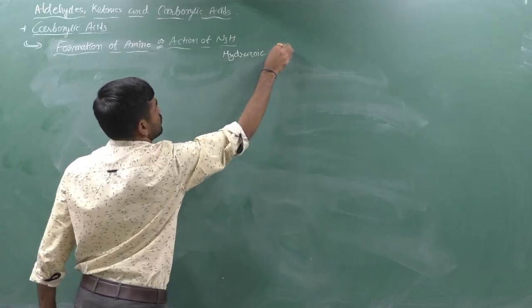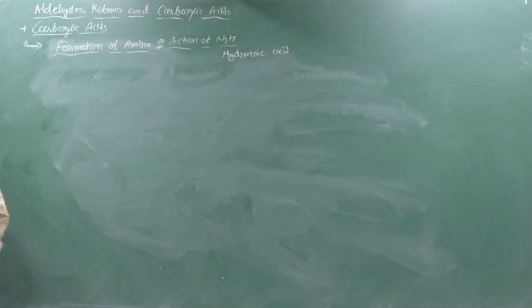Primary amines containing one carbon atom less are formed when monocarboxylic acids and their derivatives react with hydrazoic acid in presence of concentrated sulfuric acid.